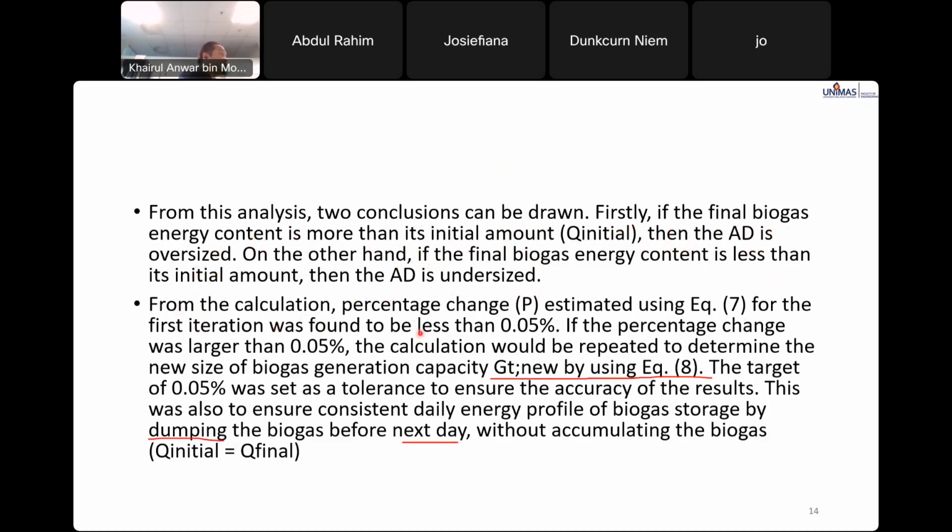From the calculation, percentage change P is estimated using equation 7. So percentage change P is calculated after you do the iteration. So if the value is larger than 0.05%, then you need to iterate again, until the value is less than 0.05.